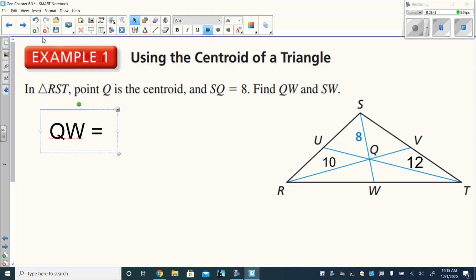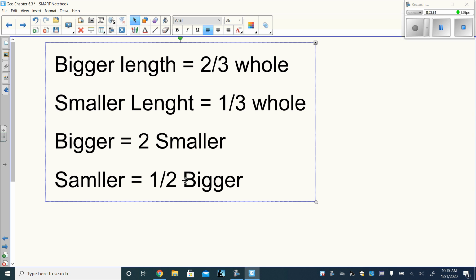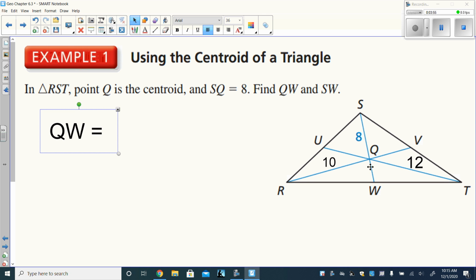And as we just said, the smaller is equal to half of the bigger. So QW is equal to half of the bigger length. Well, half of 8 would be 4. So this length here would be 4 because it's half the bigger.